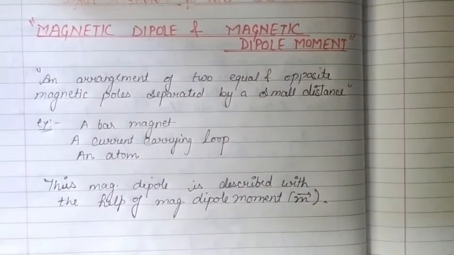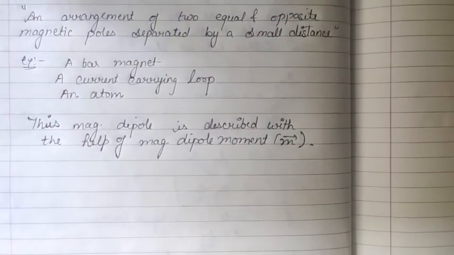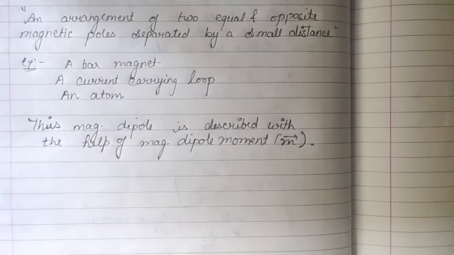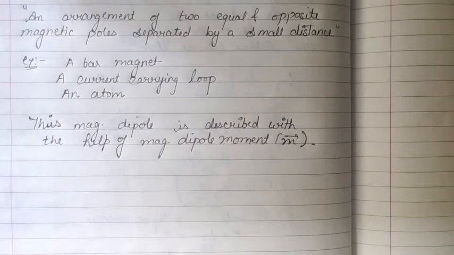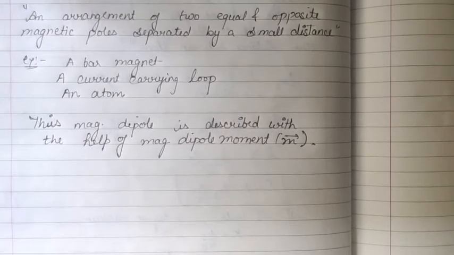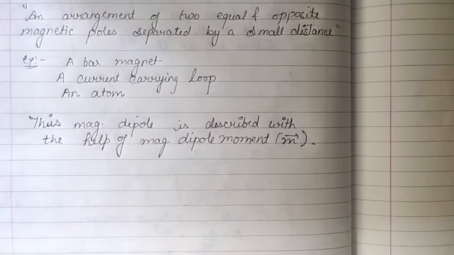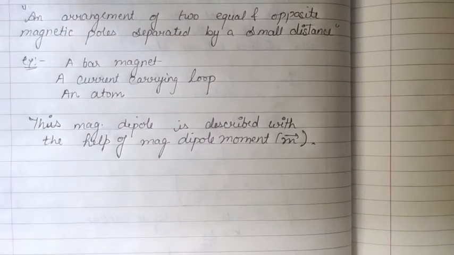Let's see what the magnetic dipole moment is. The magnetic dipole moment can be defined as the product of the pole strength and the magnetic length. Magnetic dipole moment for a magnetic dipole is defined as the product of its pole strength and magnetic length.